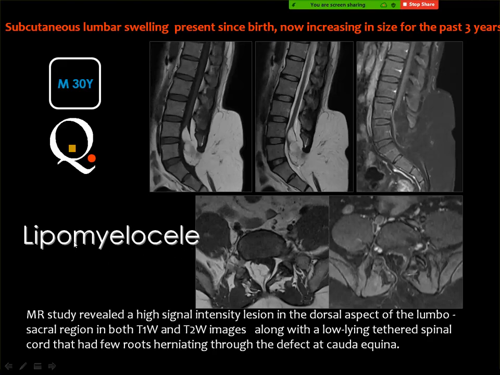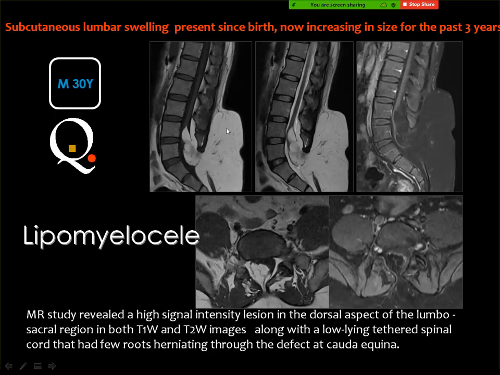In lipomyelocele, the lipoma is attached to the cord inside the spinal canal. In case of lipomeningomyelocele, the cord is attached to the lipoma outside the spinal canal.